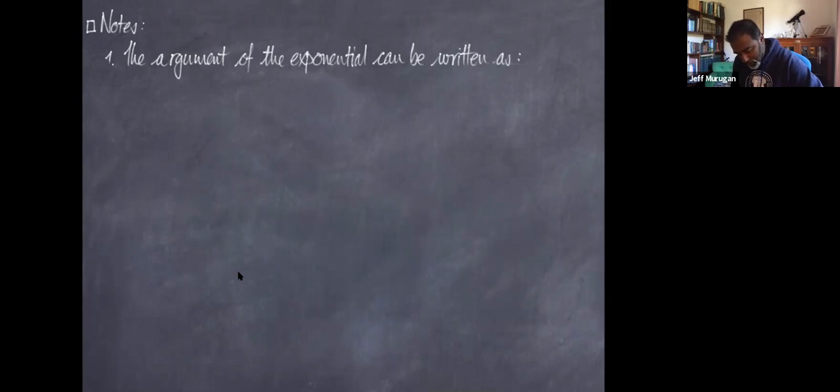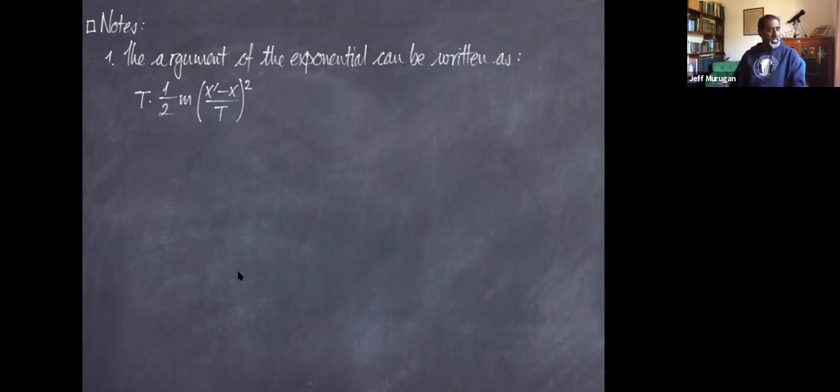The argument can be written as t times a half m times x prime minus x over capital T squared.